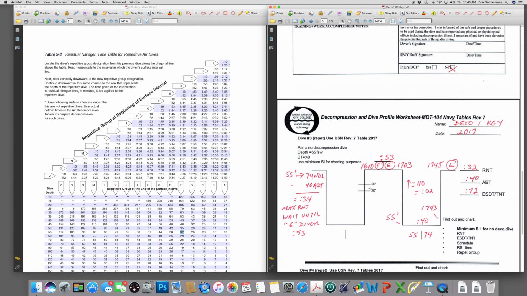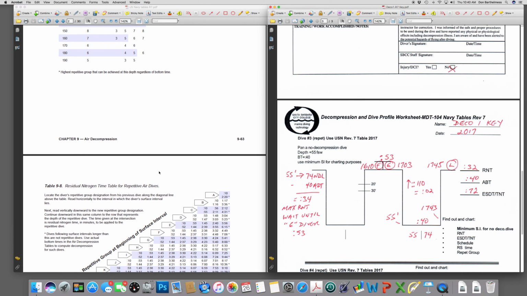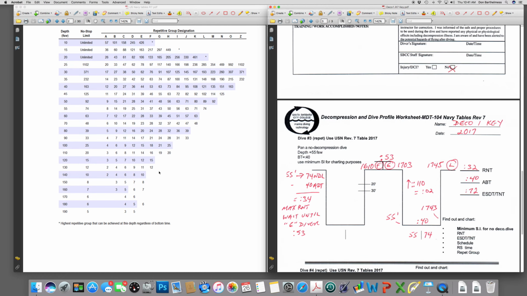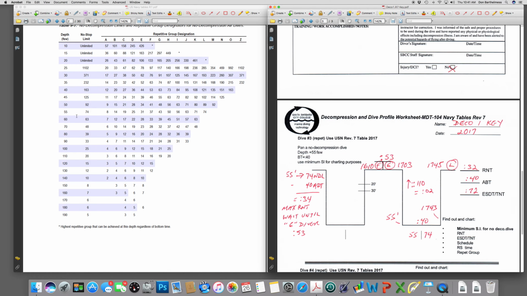Is there a 55 for 72 schedule? I come back up to my first table where I have my repetitive group designation table here, and I'm looking for 55 for 72. You can see no decompression limit, again 74, and I'm below that. Well, here's 71. Can I use that?